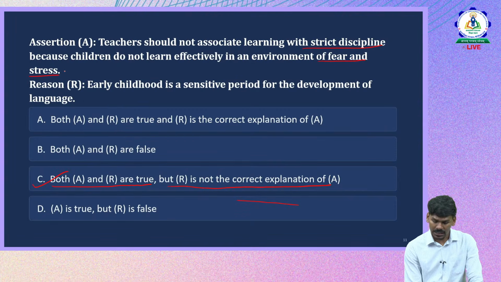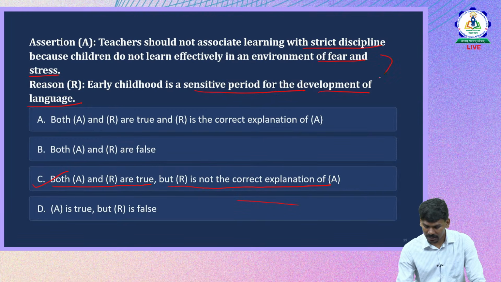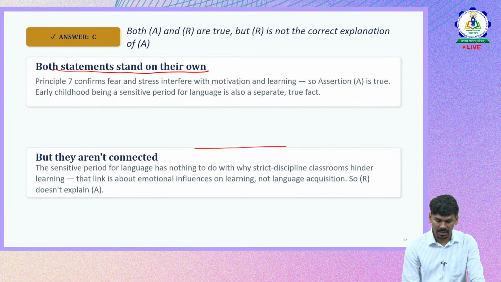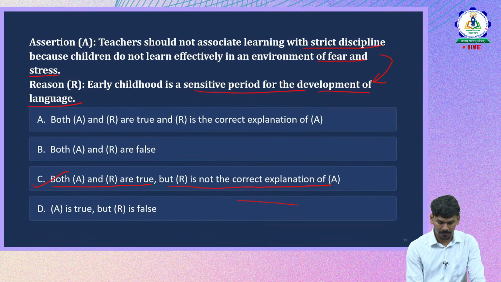And also, early childhood is a sensitive period for development of language, which is also true. But then, this reason cannot be the explanation of the assertion. So, the correct answer here is option C.